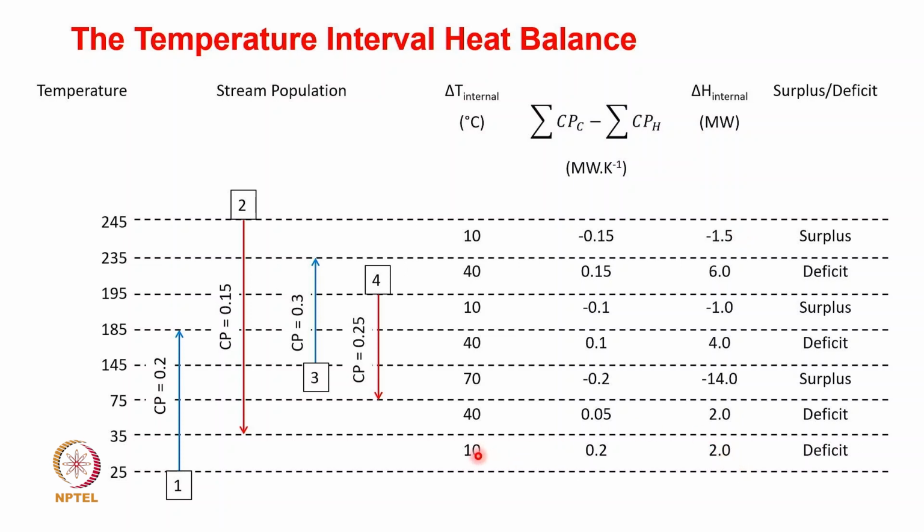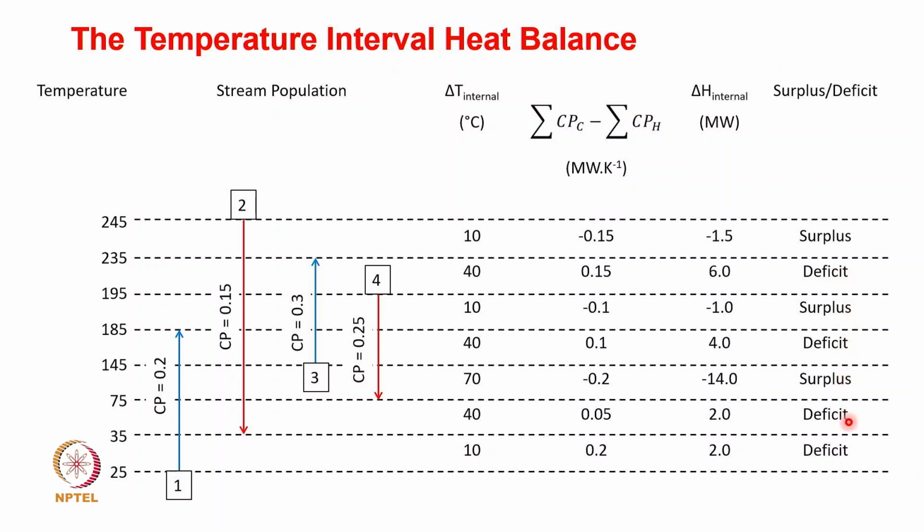And last, of course, 10 times 0.2 is 2. You can see there are signs here. Negative signs indicate that it is a surplus and positive signs indicate that it is a deficit. So what we can see is that in the first temperature interval there is surplus heat, in the second temperature interval it is a deficit, and then surplus, deficit, and so on and so forth.